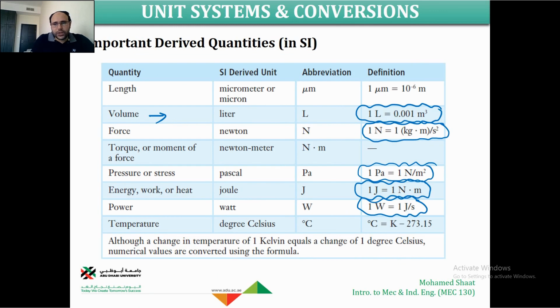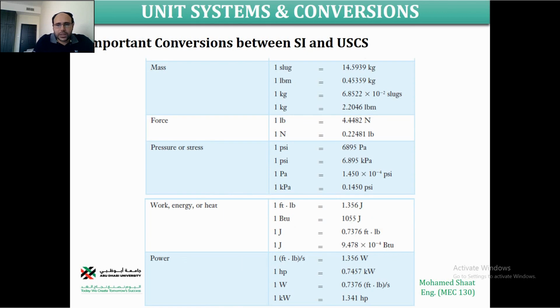Also, in this table we're still working in the same unit system, which is the international unit system, the metric system that we are using here in the UAE. There are some other systems. For example, in the US system, the mass unit is the slug. How about if you would like to convert from one system to the other?